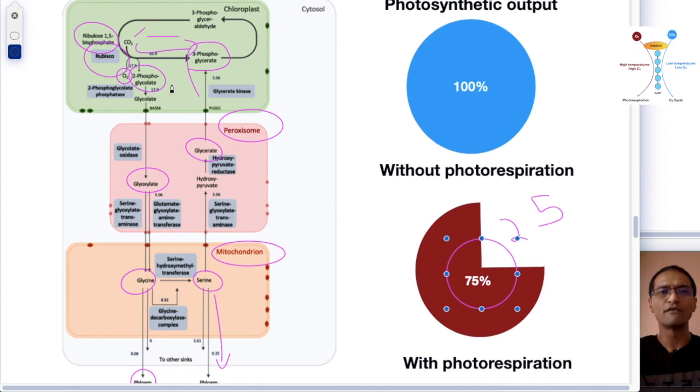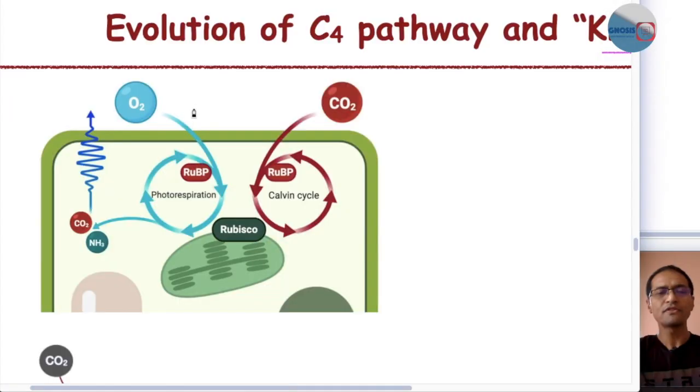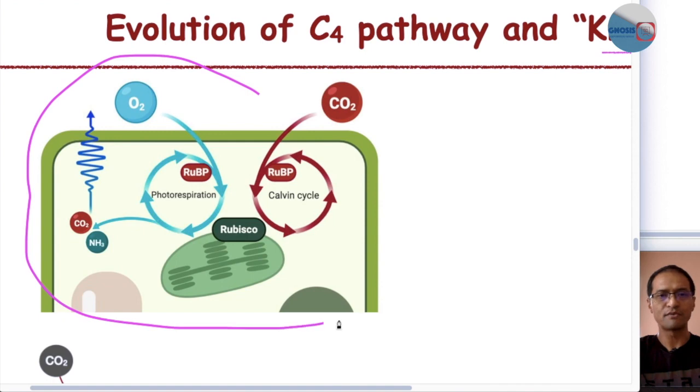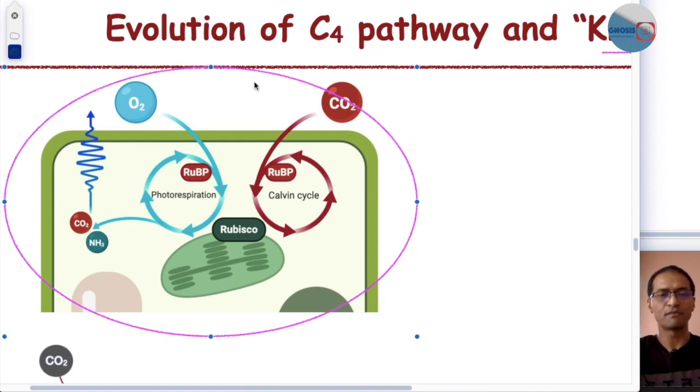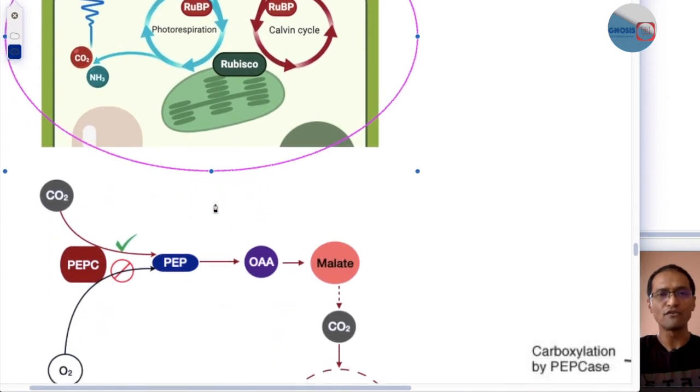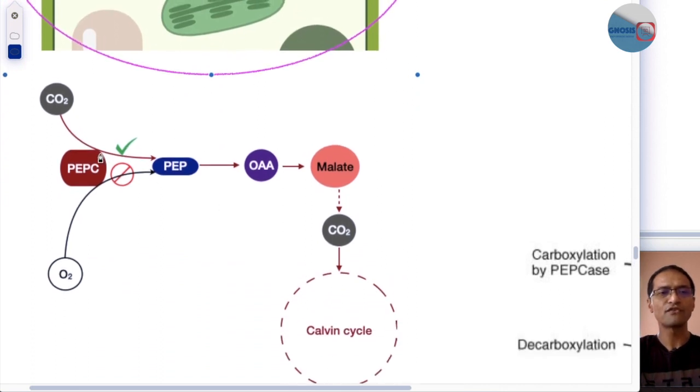the production of phosphoglycolate. So what the C3 plants have evolved, in order to overcome the problem of photorespiration that you find in the C3 plants due to the elevated concentrations of oxygen in the internal tissues, is an enzyme called phosphoenol pyruvate carboxylase, and this enzyme preferentially binds carbon dioxide to another substrate called phosphoenol pyruvate.